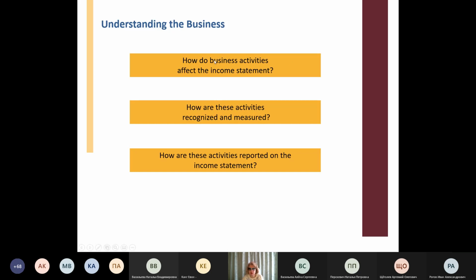So first, the nature of business activities, recognition and measurement, and disclosure. 3 main components of the accounting process: recognition, measurement, and reporting or disclosing this information in financial statements.